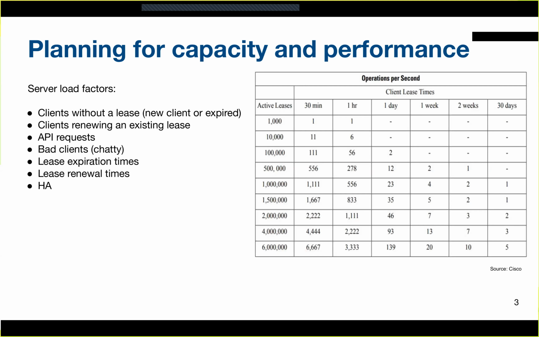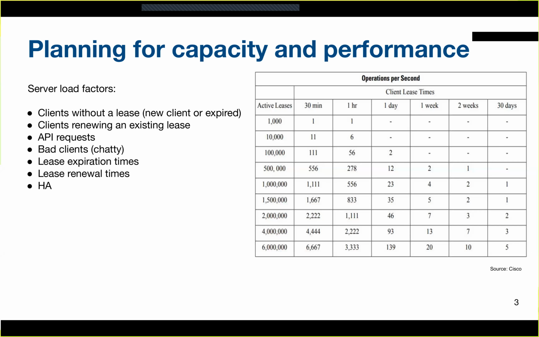So let's start with the pretty obvious things. This is the table produced by Cisco, but it's pretty basic math. You can come up with your own numbers for your network. Keep in mind that for your specific deployment, usually your number of active leases is more or less constant. It depends on how many devices are there in your network.